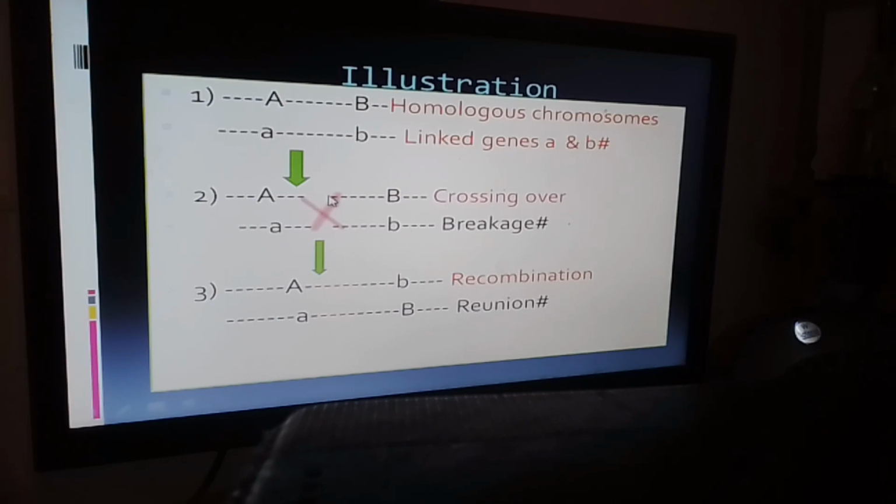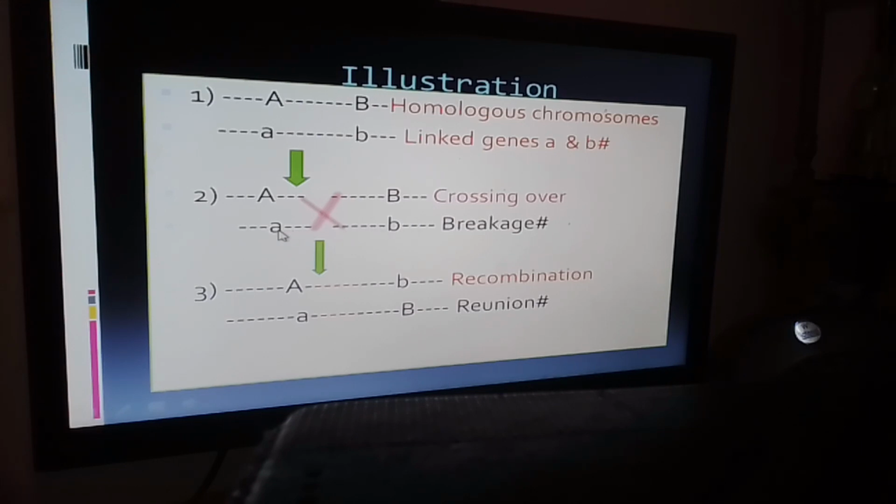Here there occurs a break between capital A and capital B, and at the same point on the chromosome of small a, small b there is also a possibility for the occurrence of a break. From the point of breakage with capital A, this segment will be joining the point of breakage with small b.